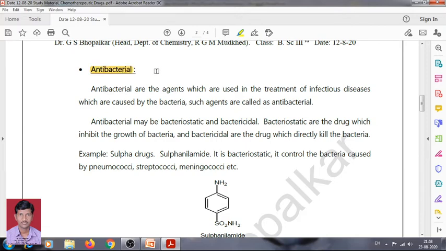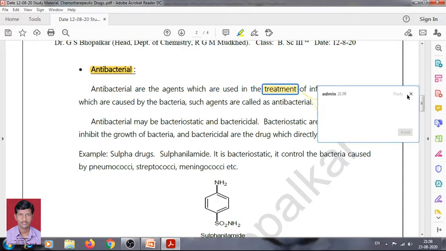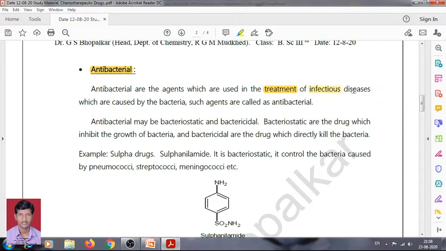Now, what are antibacterials? The antibacterial drugs are the agents which are used in the treatment of infectious diseases which are caused by bacteria. Such an agent or compound or drug is called an antibacterial drug.